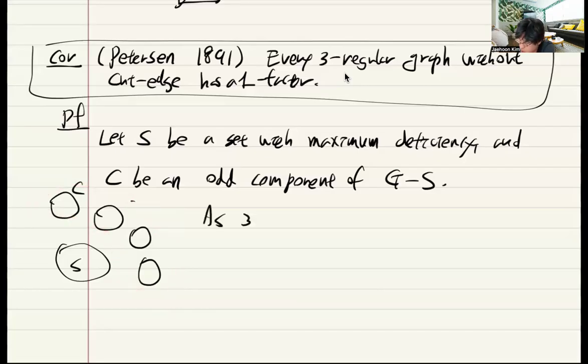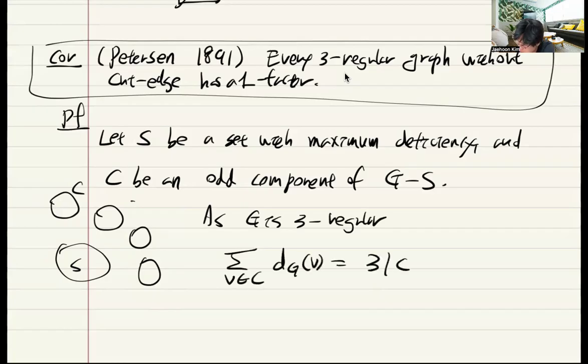How? As G is 3 regular, if you take all the vertices in C and add up their degrees, that's 3 times |C|, and 3 times |C| is an odd number. But this is also the same as: you count 1, 2, 3, 1, 2, 3, 1, 2, 3.